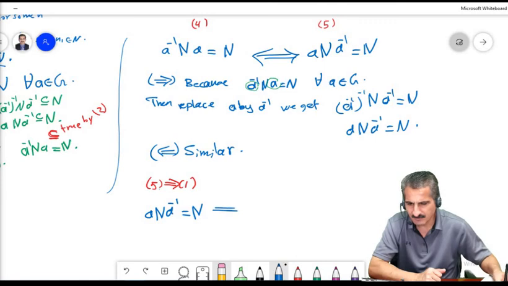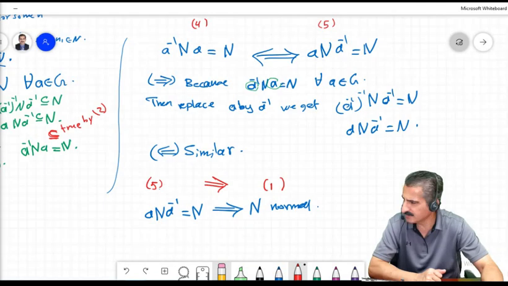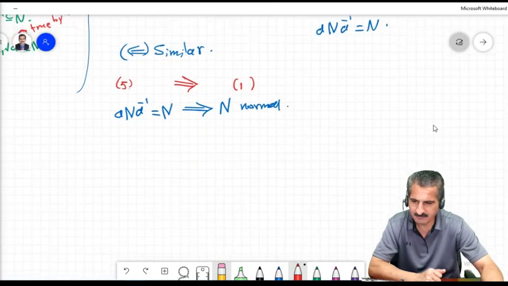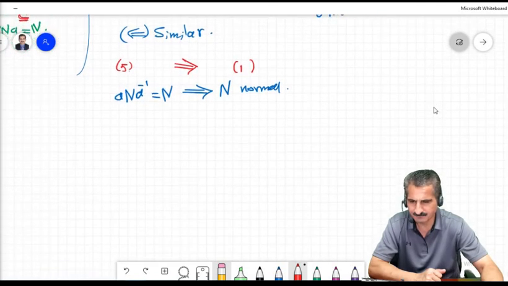We want to use this to show that n is normal. So this is 5 and this is 1. Okay, so we want to show 5 gives 1. If we show this, then the proof is done.